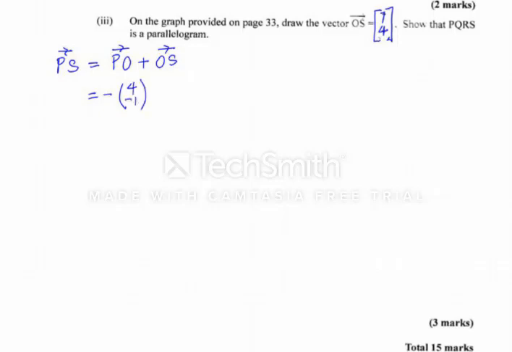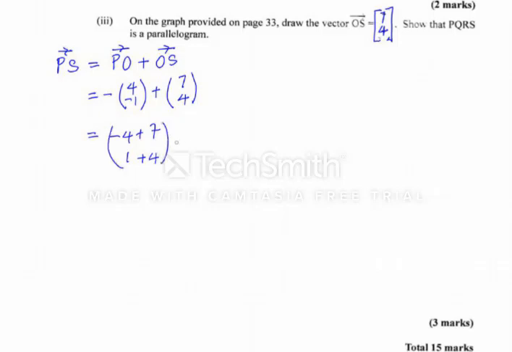PO and OP are inverse vectors, so they're the same magnitude but opposite direction. And OS is the vector (7, 4). So what we're going to have here is -1 plus 7, and a negative times a negative is a positive, -4 plus... 4 minus 4 plus 4.